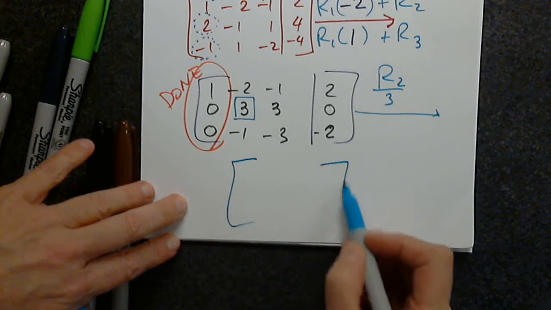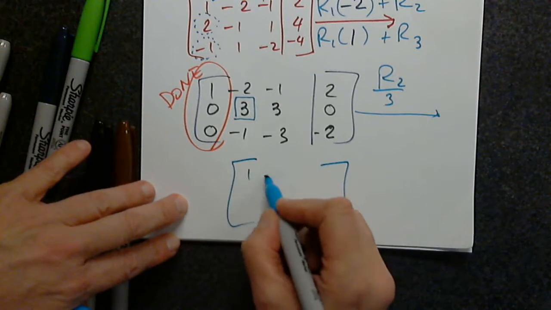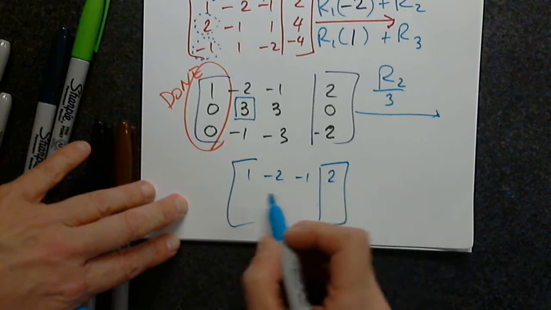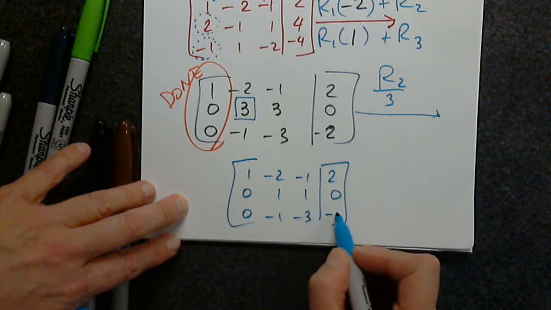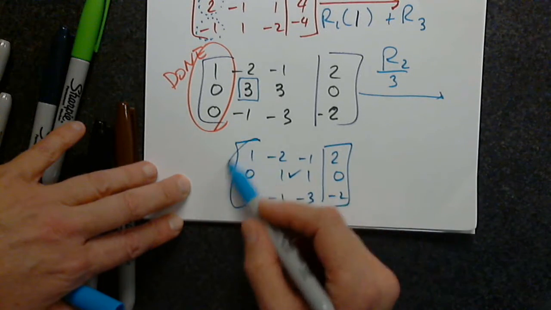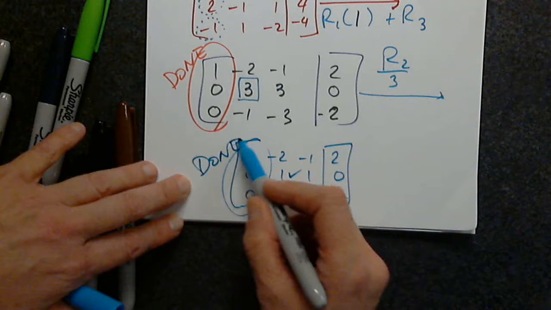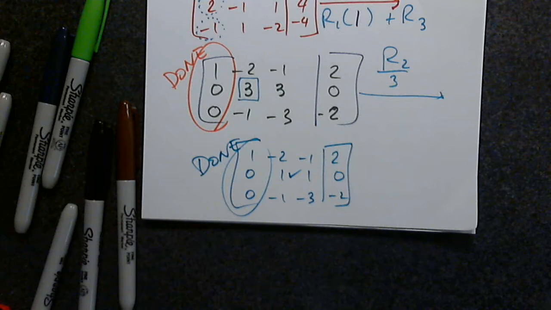So let's write. So 1, -2, -1, 2, 0, 1, 1, 0, 0, -1, -3, -2. So I accomplished what I wanted. In the next step, I have to use this number to eliminate that, and this number to eliminate this.